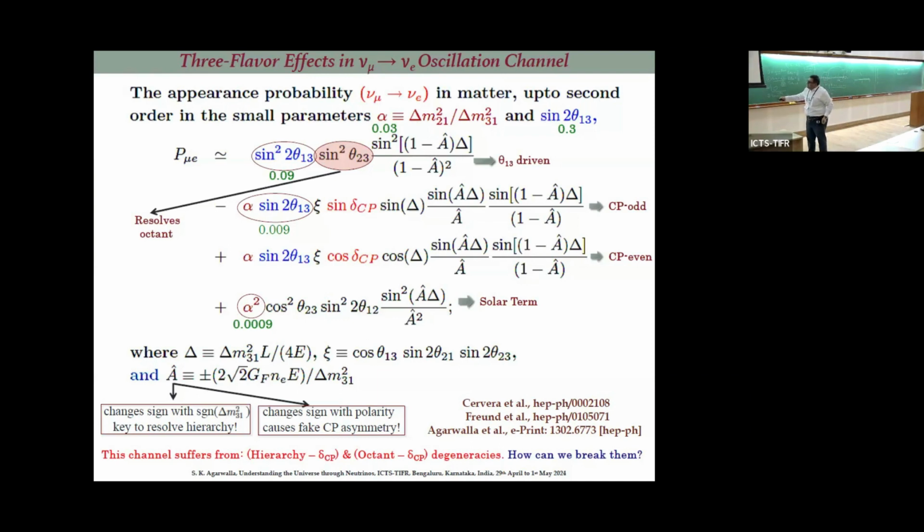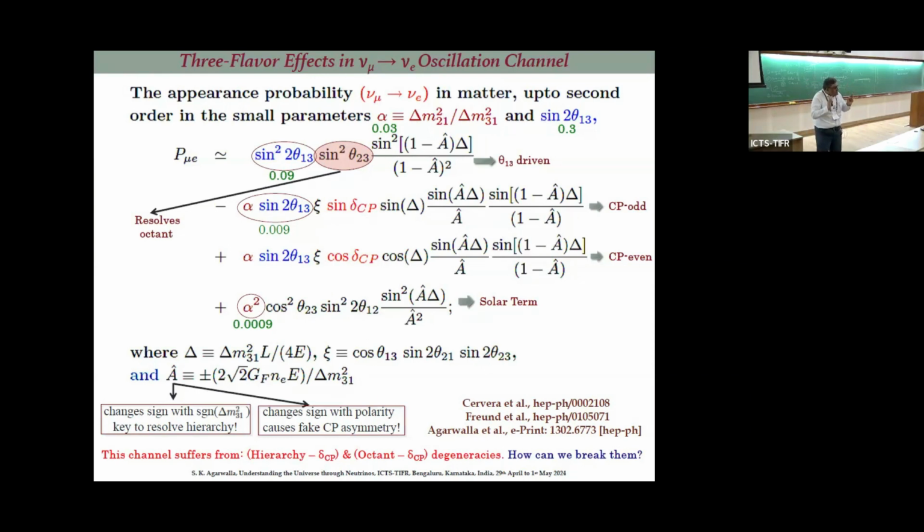What is that? You don't know the sign of delta m square 31, right? I just told you this is the neutrino mass ordering problem. So depending on which sign you have in nature, this A hat will take different values, right? But if the matter effect is 0, then this A hat is 0. Just go with me.